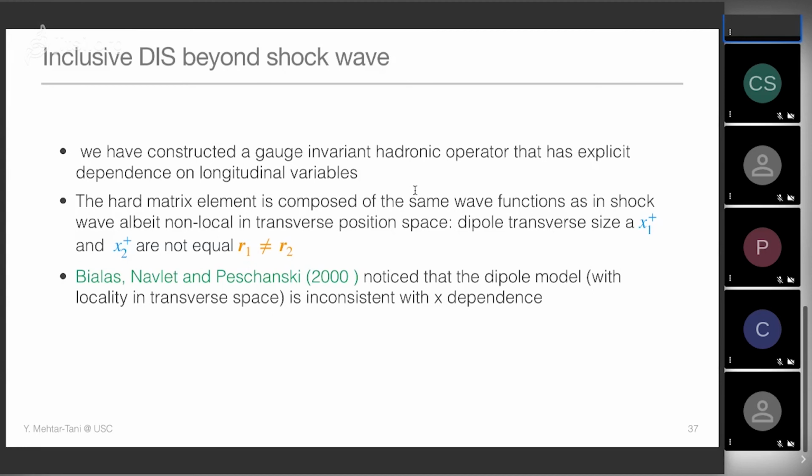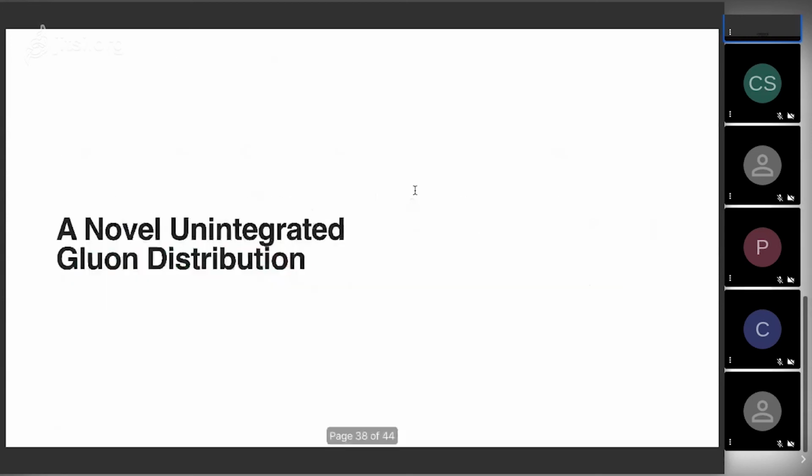And this was observed some time ago by Bialas, Navelet, and Peschanski, where they tried to enforce an x dependence in the dipole model, and they concluded that the dipole model was inconsistent with an x dependence, because the dipole model requires locality in transverse space. So you might conclude that we'll have to give up on this locality if we want to keep track of the x dependence, and indeed this is what we have to do.